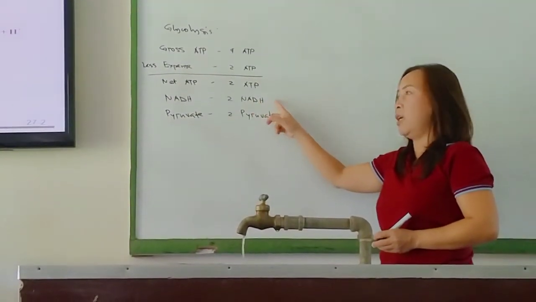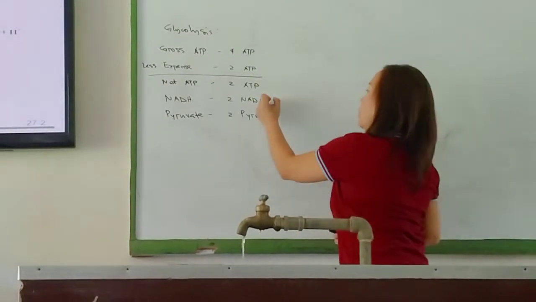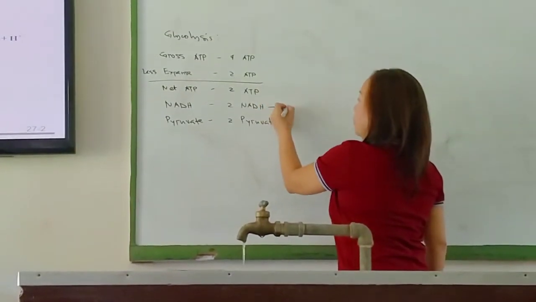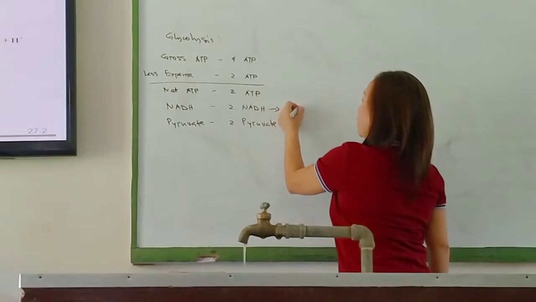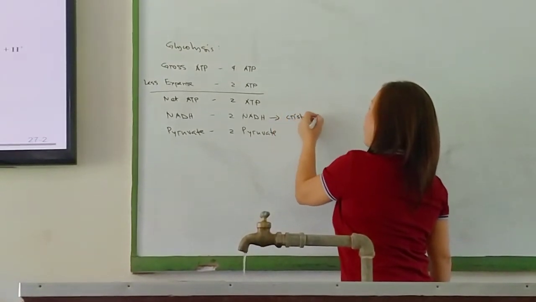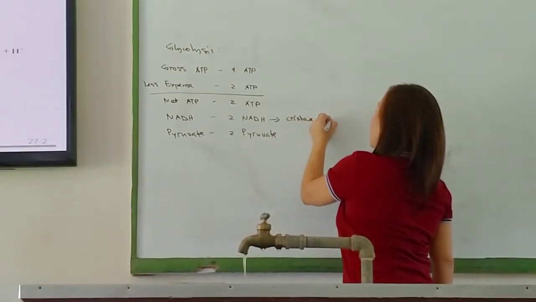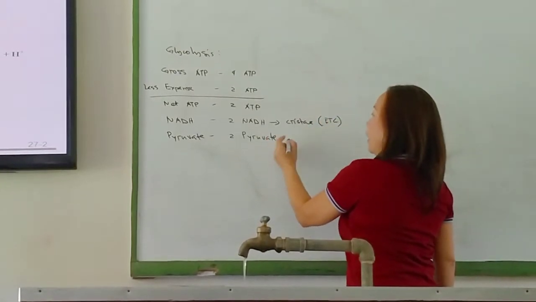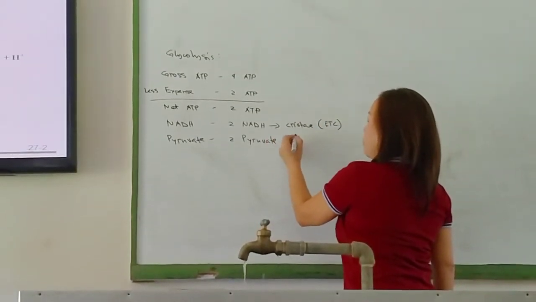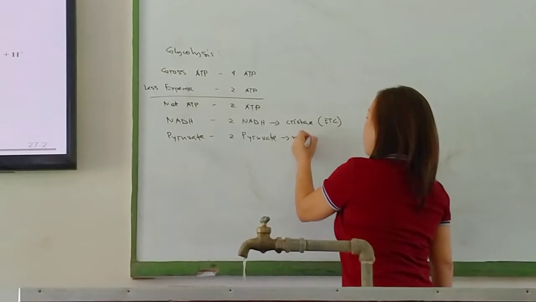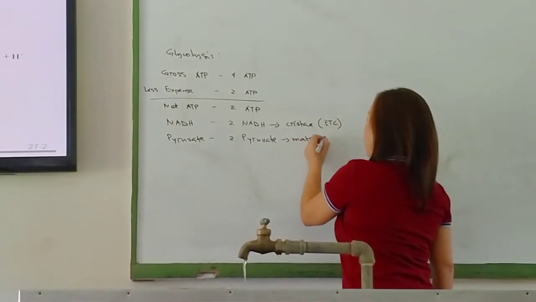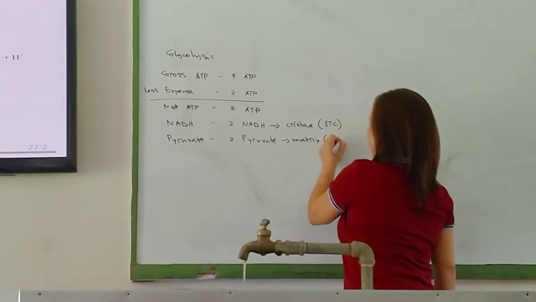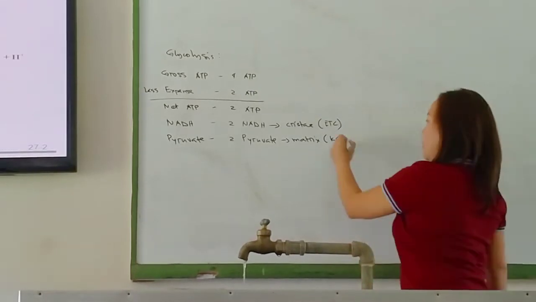Now, these 2 NADH will be brought to the cristae for electron transport chain. And the 2 pyruvate molecules will be brought to the matrix of the mitochondrion for Krebs cycle or citric acid cycle.